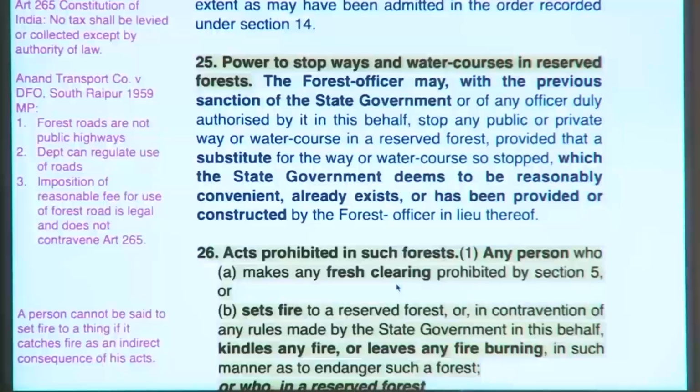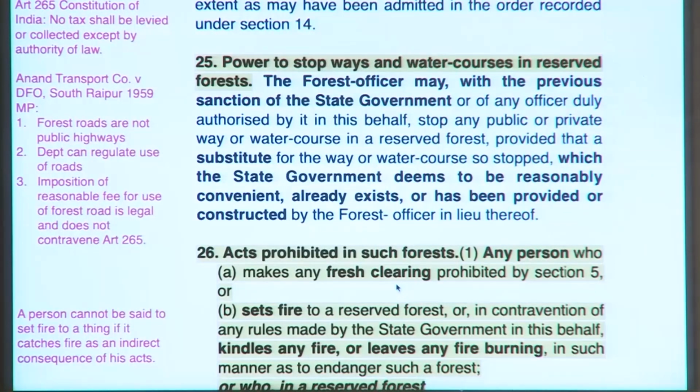Now, in this area, section 25 says power to stop ways and water courses in the reserve forest. The forest officer may, with the previous sanction of the state government or of any officer duly authorized by it in this behalf, stop any public or private way or water course in a reserve forest, provided that a substitute for the way or water course so stopped, which the state government deems to be reasonably convenient, already exists or has been provided or constructed by the forest officer in lieu thereof.